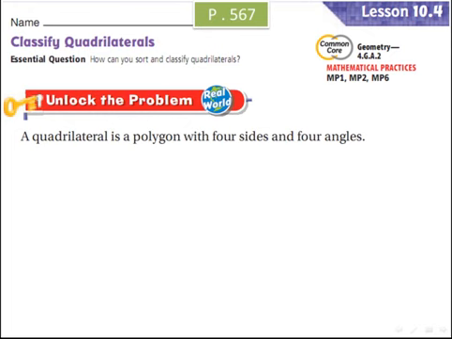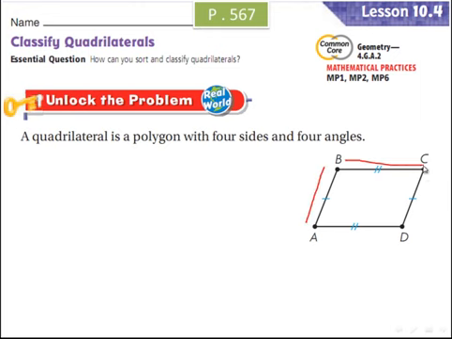A quadrilateral is a polygon with 4 sides and 4 angles. As you see in this shape, ABCD is a quadrilateral. Why? Because you will see here the first side, the second side, the third side, and the fourth side.